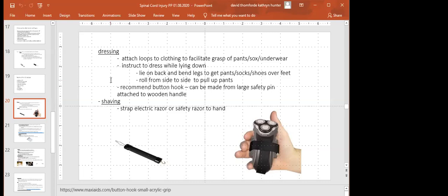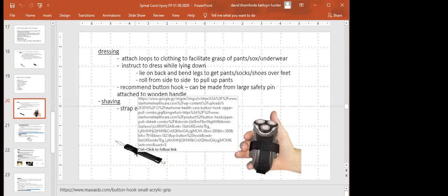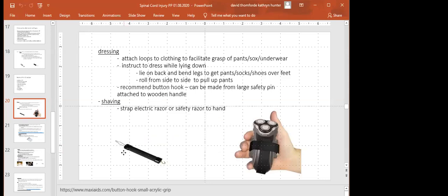There's also a device called a button hook. There's a picture of it here. It can be fabricated. Calvin, one of Regina and Afiza's fellow students, made one out of a safety pin when I was teaching in Guyana. But you can buy them off the internet. And basically, you use the left end to hook over a button and then pull it through the buttonhole.